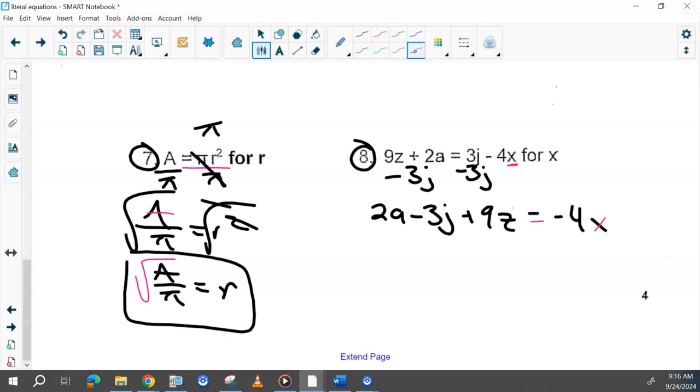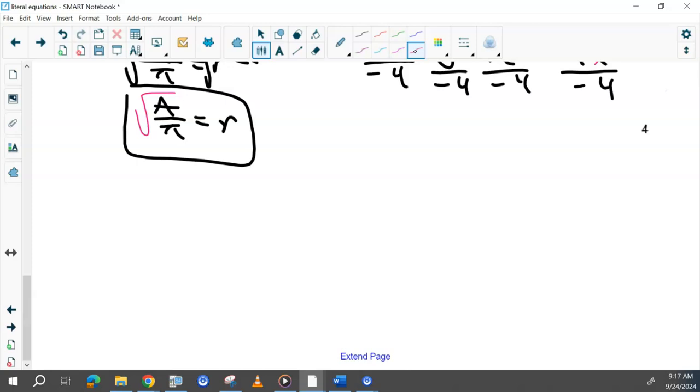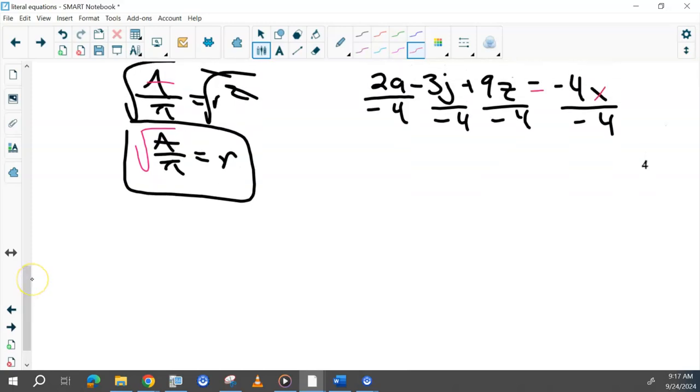Do we have anything that could simplify with this -4? Yes, so we have to divide every single thing separately. So that this would become negative 1/2 A or negative A over 2, either or.